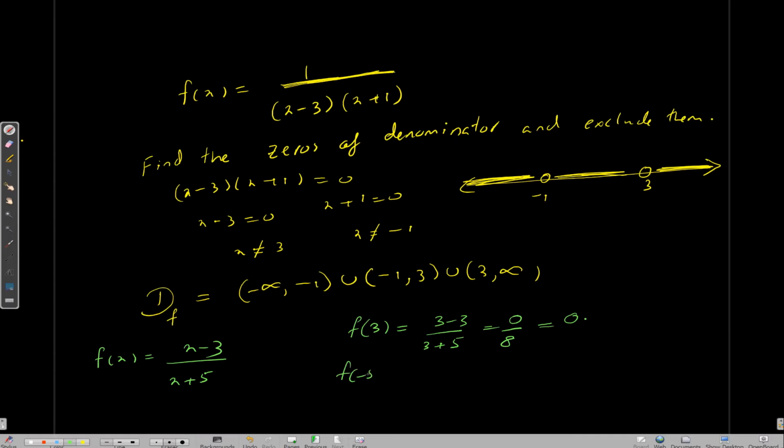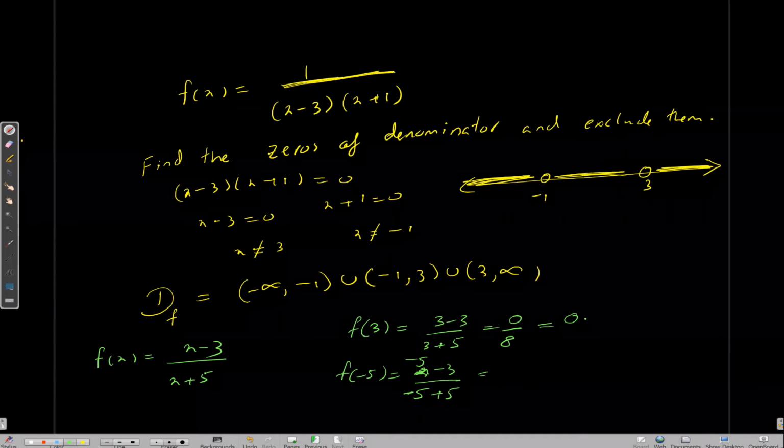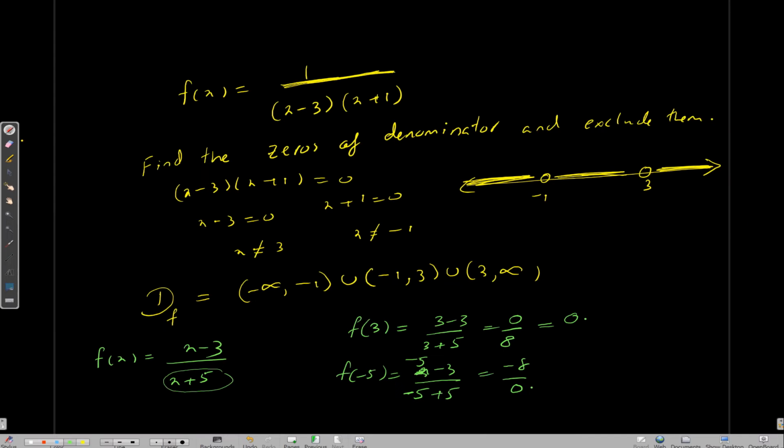But f of -5, -5 minus 3 over -5 plus 5, -8 over 0. So you just have to get rid of the zeros of the denominator, not the numerator. So in this case, domain of f is all reals but -5, or another way of writing it down, -infinity to -5 union -5 to infinity.